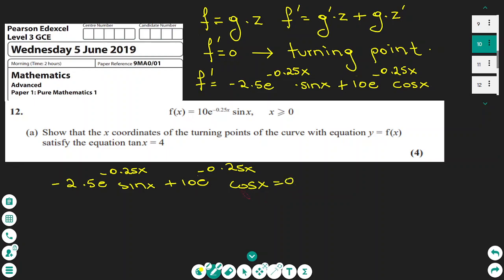Rearranging this equation, we have an equation of sin x and cos x.